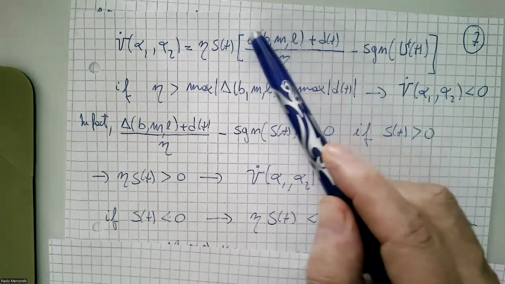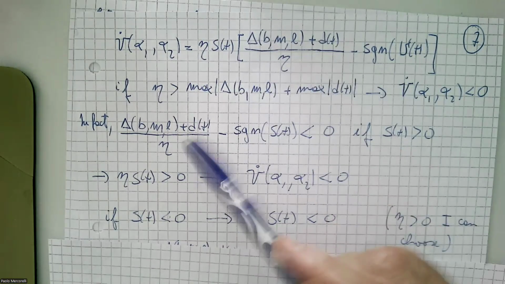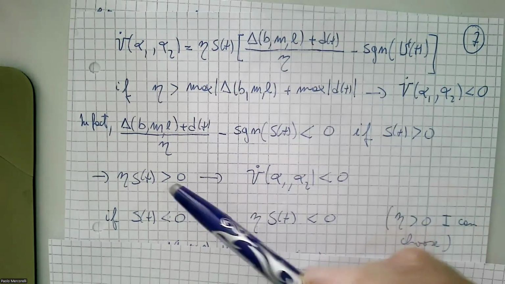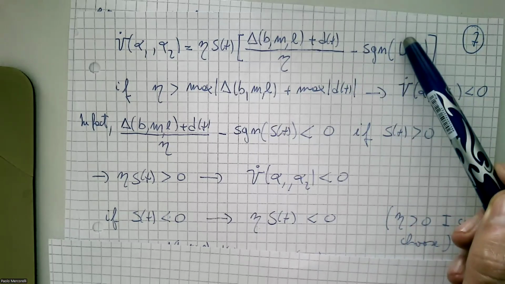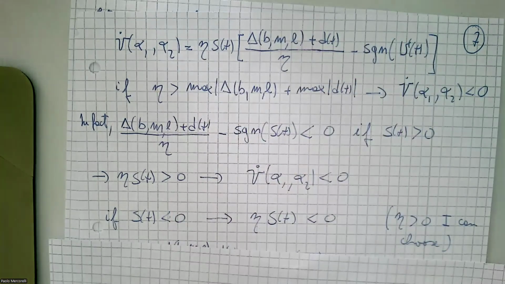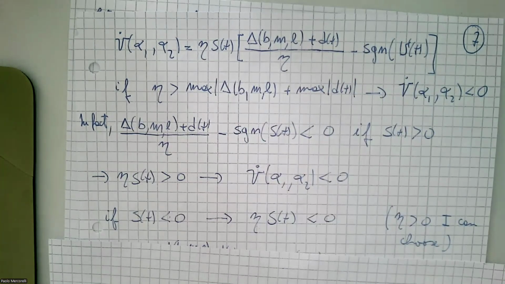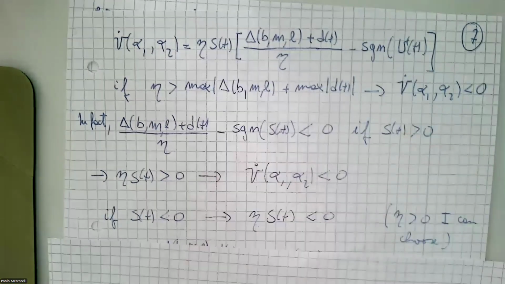This element here, independently of the sign here, it's better to explain so, is always between -1 and 1. This means it cannot overcome this negativeness. This is positive. The V derivative is negative because this is negative and this is positive.